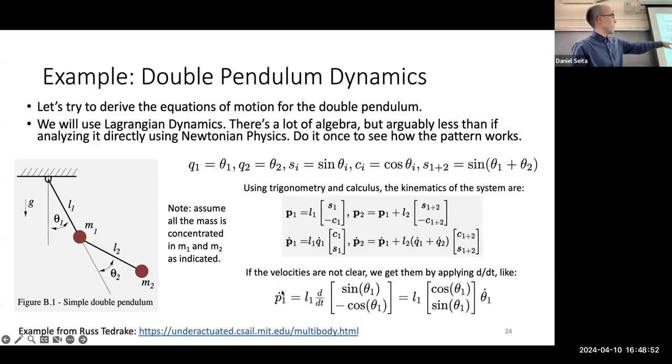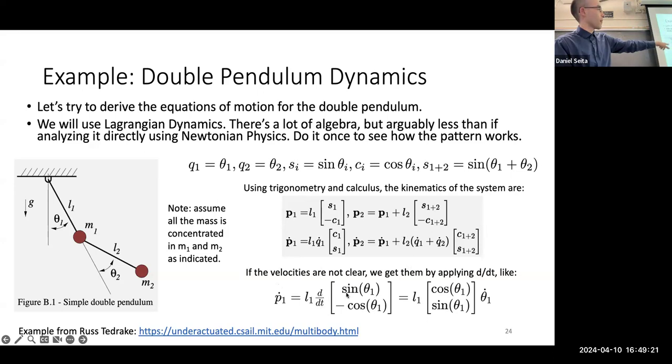The way to get this is you take P1 and then you apply d over dt. L1 is just a scalar, so you pull it out. You get d over dt times sine of theta 1 and minus cosine of theta 1. The way this works is you apply it on every individual item here.